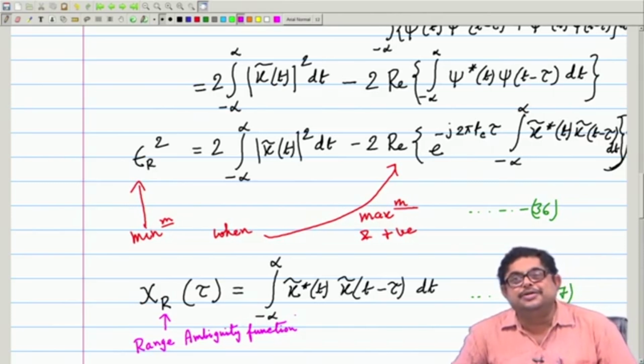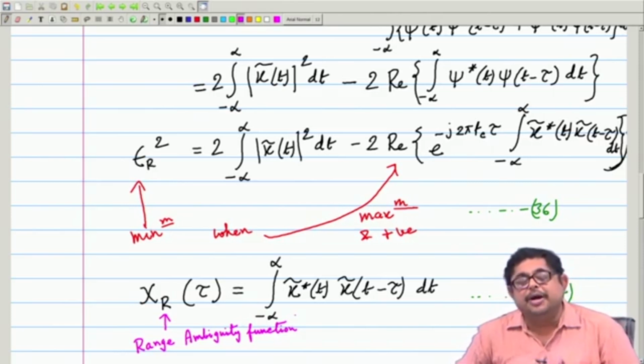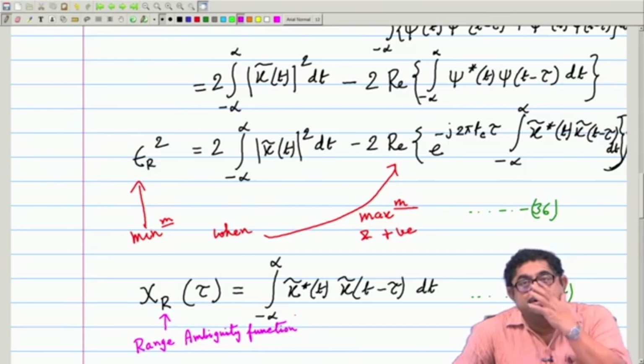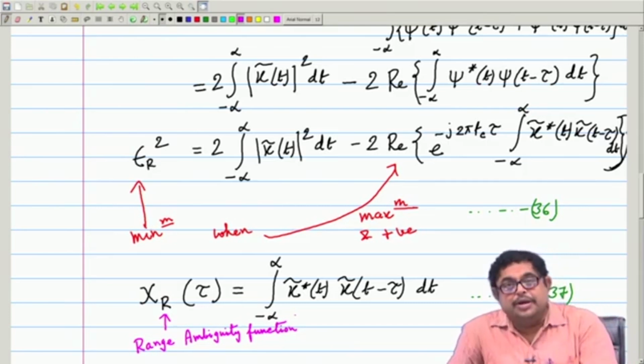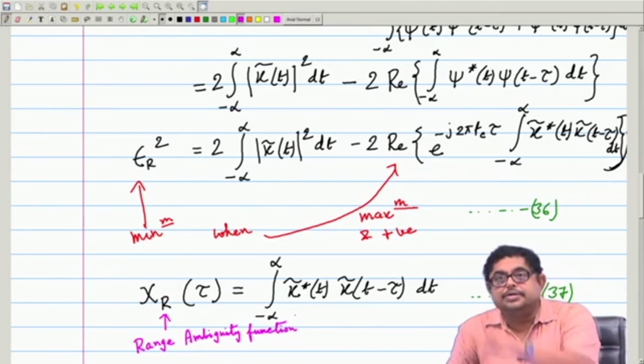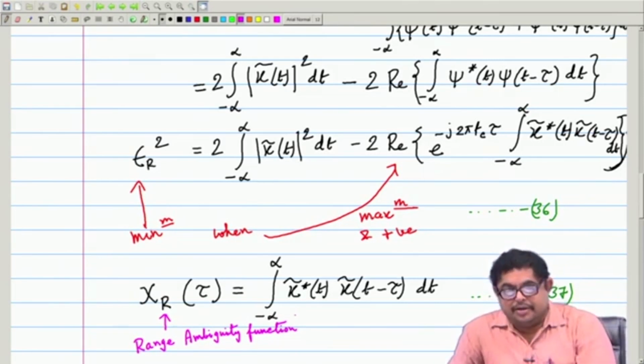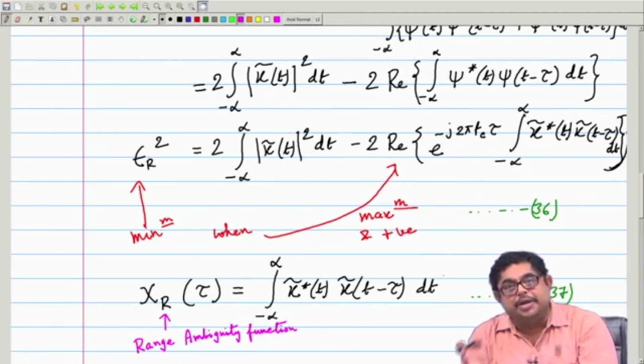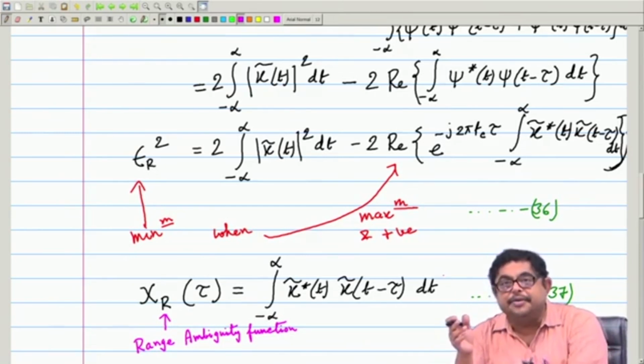Actually, it should not be called ambiguity function, it is a misnomer. Actually, it is the opposite of ambiguity, it helps to resolve ambiguity. What is ambiguity? That thing I was saying, that if this goes very high, you can see this. The right hand side is basically the correlation of the transmitted signal with some delayed version.